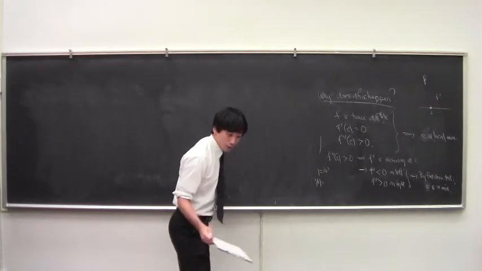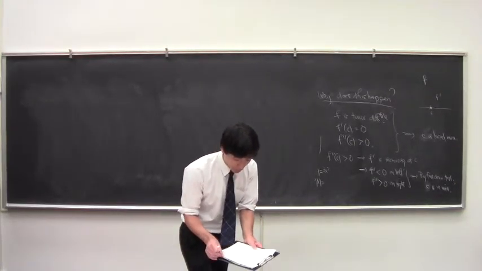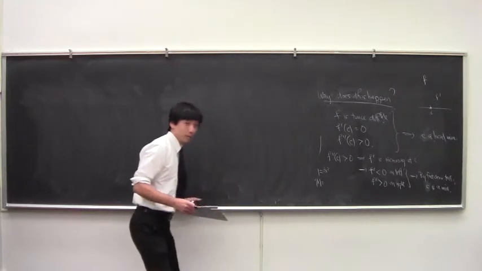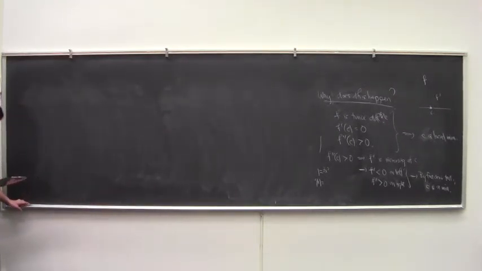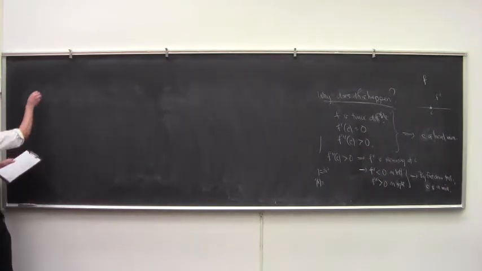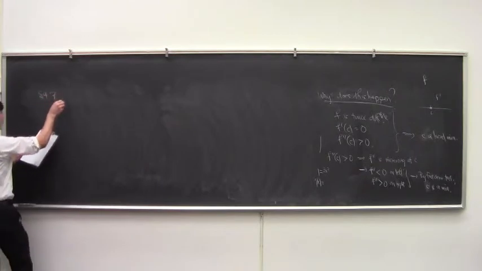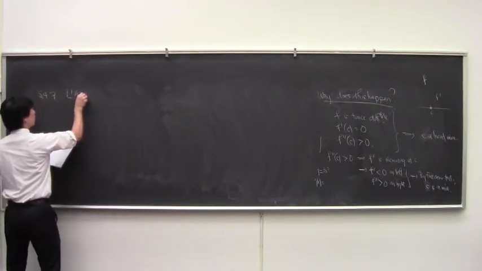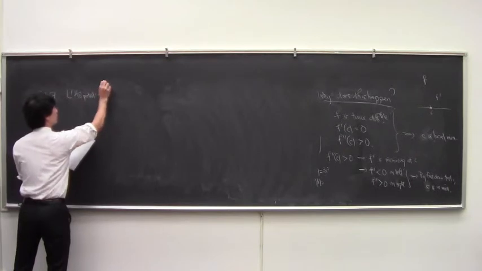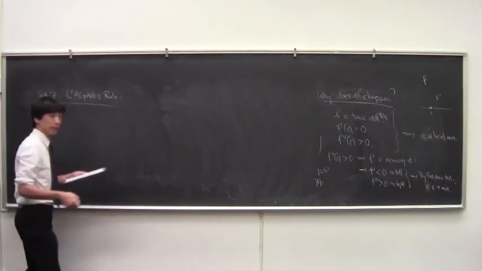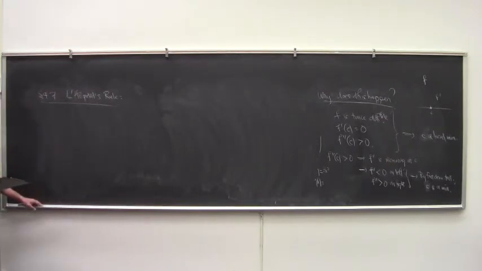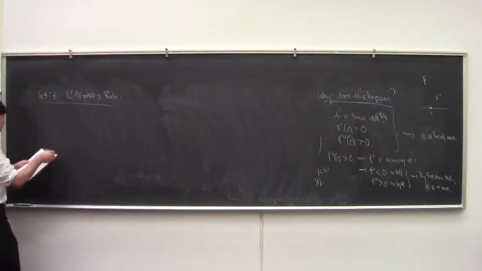Okay, so the next thing is something good. L'Hopital's rule. So we're going to skip section 4.5 because we're going to skip 4.6 because that is just graphing. I don't think it has much function anymore. Now we're going to go on to L'Hopital's rule. And this answers, I think, Rachel's question about infinities.